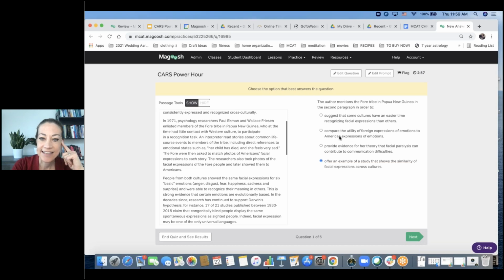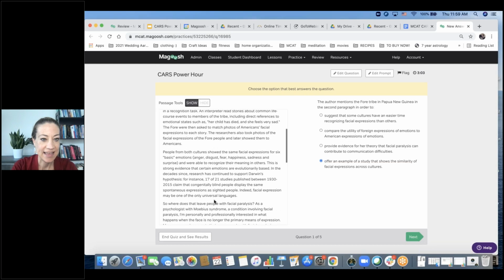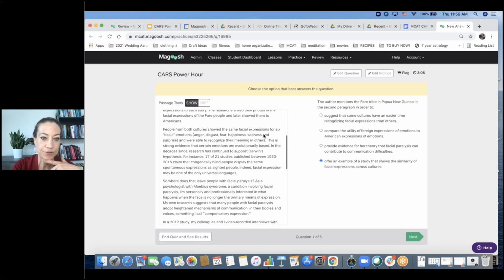So why is it that comparing the utility is not the answer? Because what we see right at the beginning is that people from both cultures show the same facial expressions for 6 basic emotions. And the reason is there's not really a true comparison going on here. So the author is saying that this tendency to automatically recognize emotions based on facial expressions is something that is true in both of these cultures, but there's not a direct comparison going on.